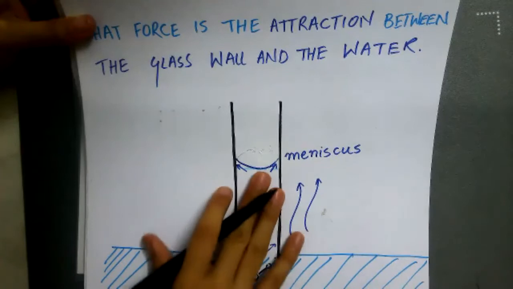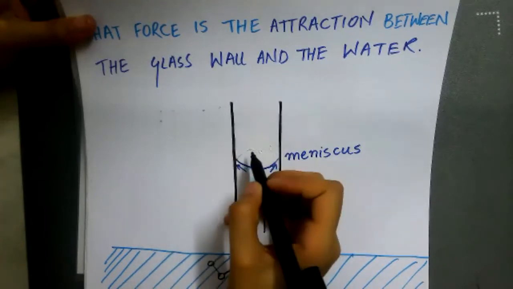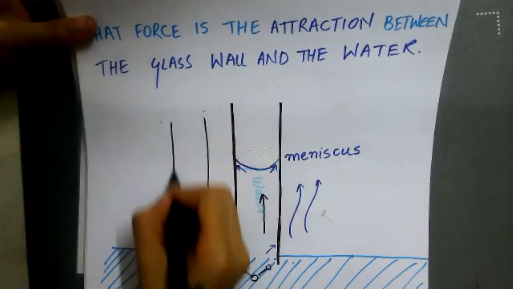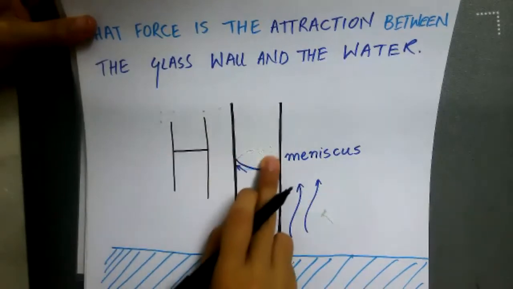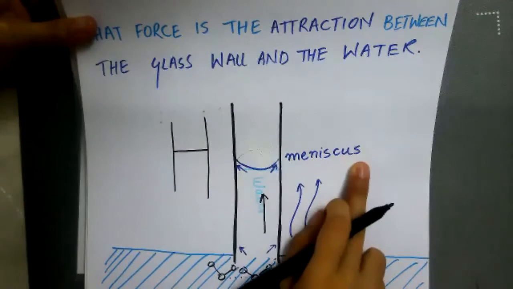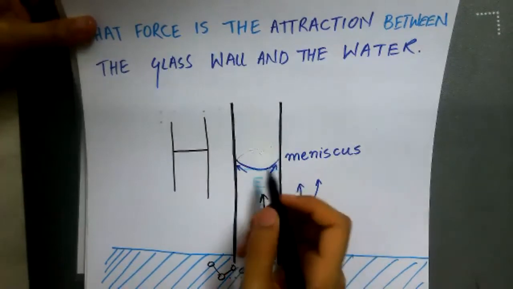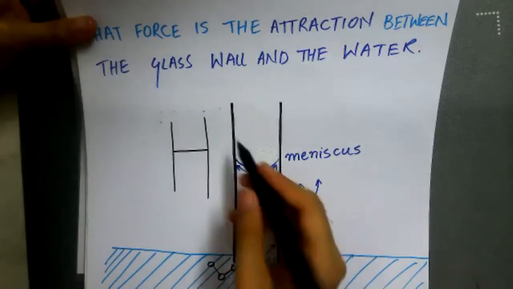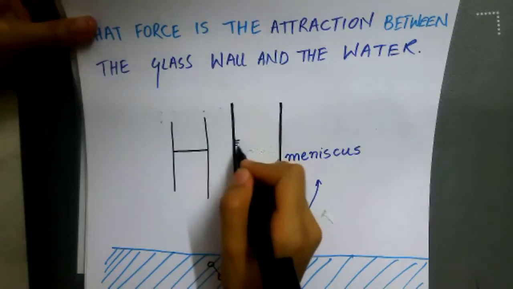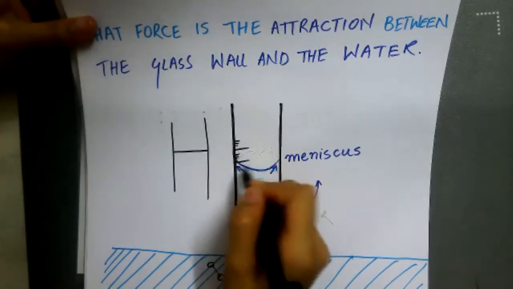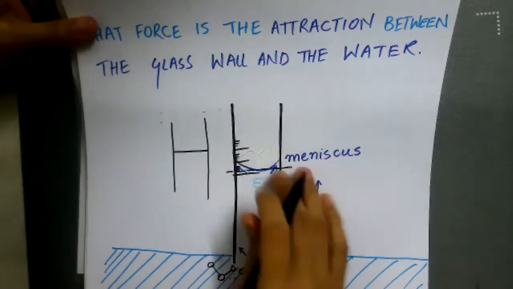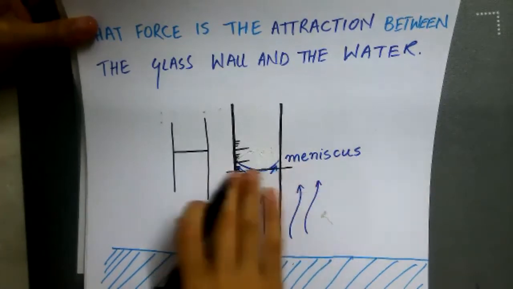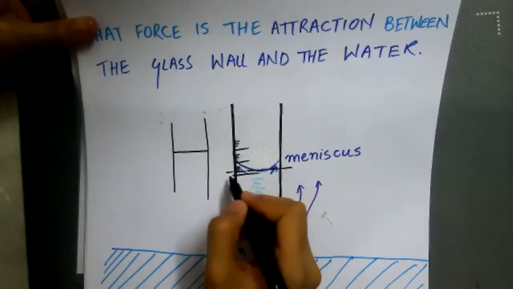Now once it has traveled upwards, you wouldn't expect the level to be flat like that. It's going to be like this. This is called a meniscus. Also keep in mind that whenever we take a reading, so let's say that this is graduated, I'm going to take the reading from the bottom of the meniscus.